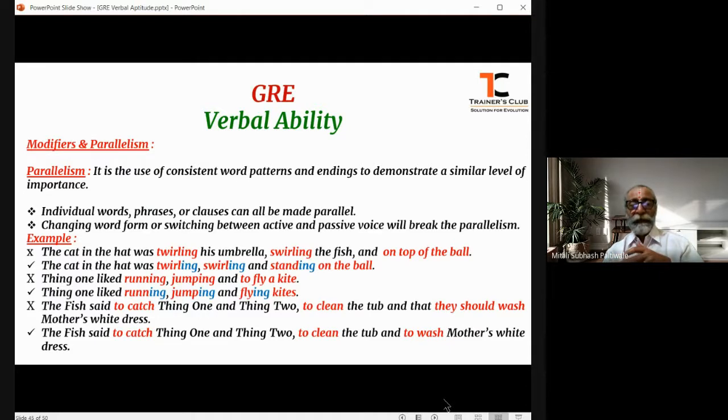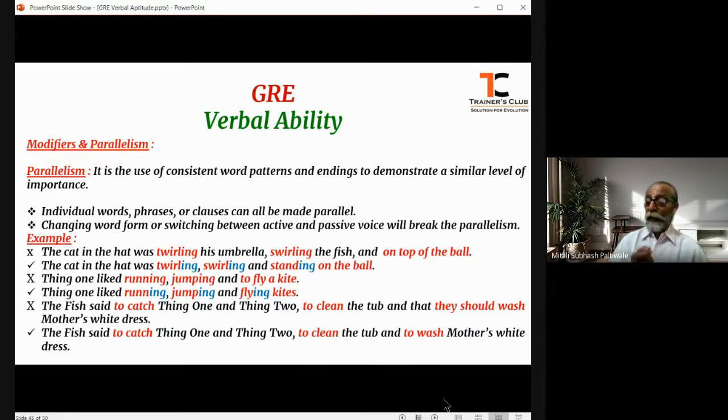Say, for example, individual words, phrases or clauses can all be made parallel. We can make some individual words, some phrases, or even certain clauses parallel. And changing the word form: if it is a verb, V1, V2, V3.